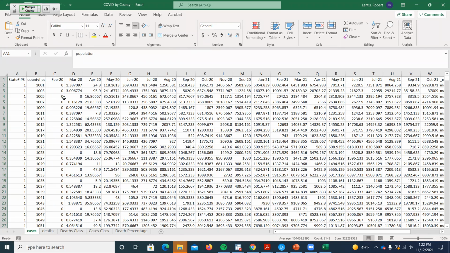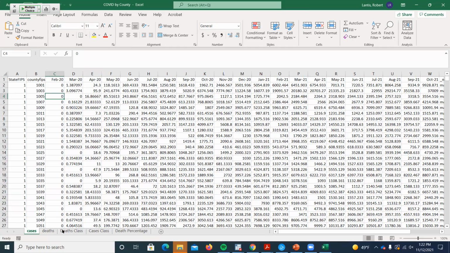I forget what state this is, it might be Alabama, but you've got a small rural county where even back in February and March, the zeros probably mean they just hadn't started tracking yet. They didn't have any confirmed cases. So these earlier months probably aren't as reliable. As we get further into this, we probably get more reliable values.